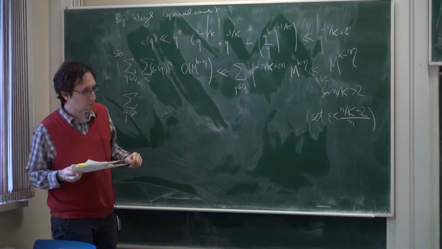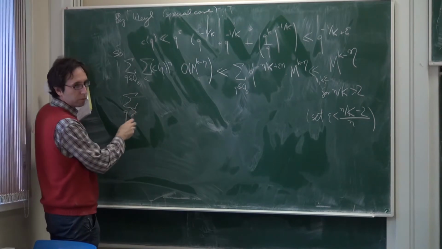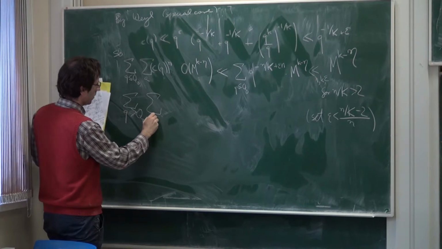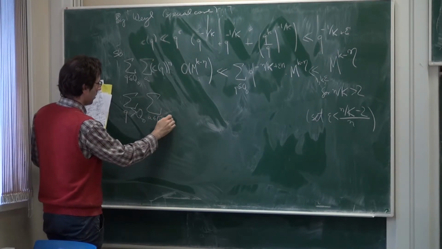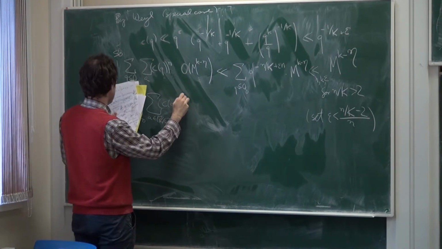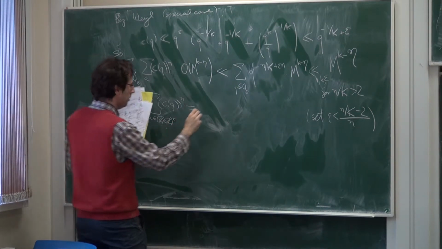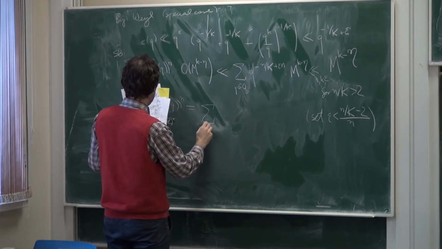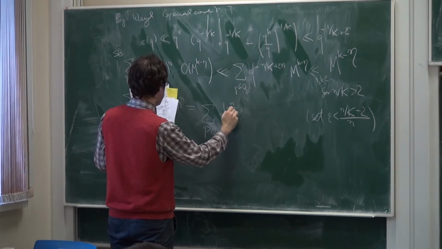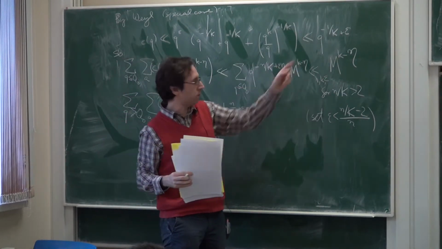I mean, this error coming from the integral. But now I'm going to tell you really the cost of the terms that we will add to the sum to make it infinity. So, what do they add up to? This is a sum over all q, from little q to infinity, of q to the 1 minus n over big K plus epsilon n. I'm just putting in the bound from here, that's all.